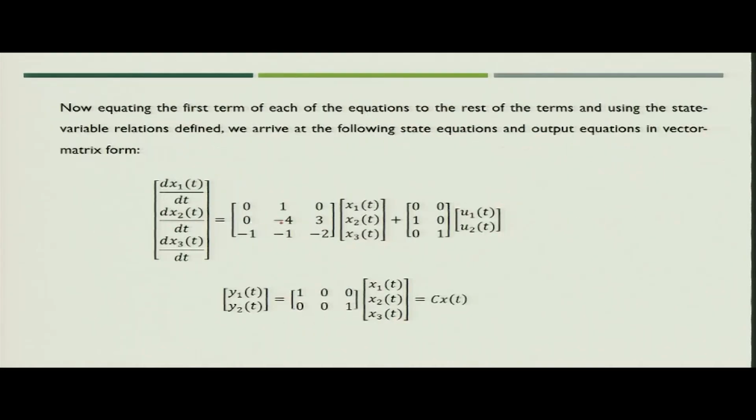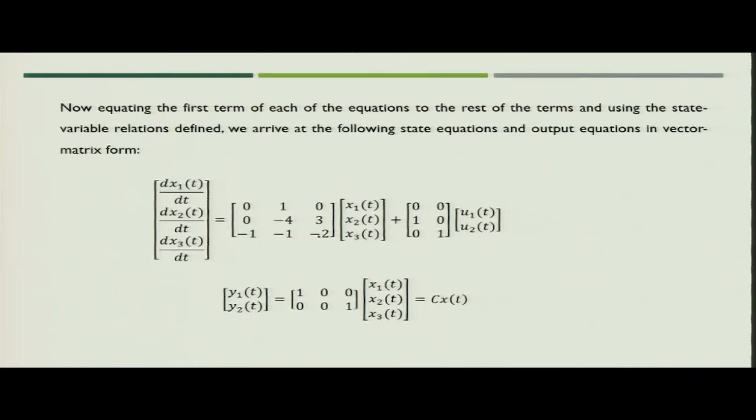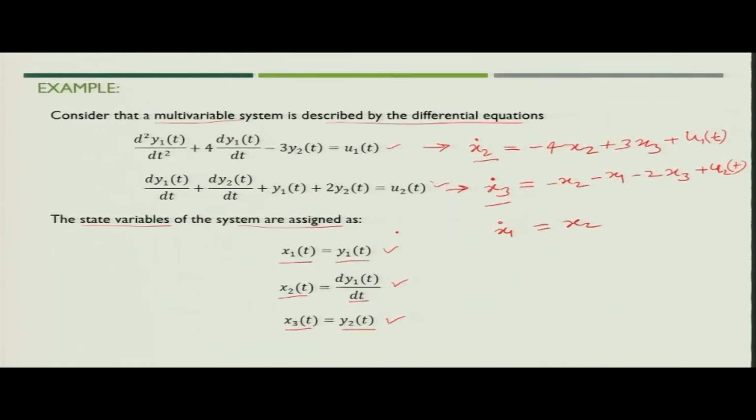So, you will get minus 4 and 3 as an output. Similarly, for x3 you will get minus x1 minus x2 minus 2 x3. So, this will become minus 1 minus 2 as the coefficients of the matrix, and x1 x2 x3 is the state vector.